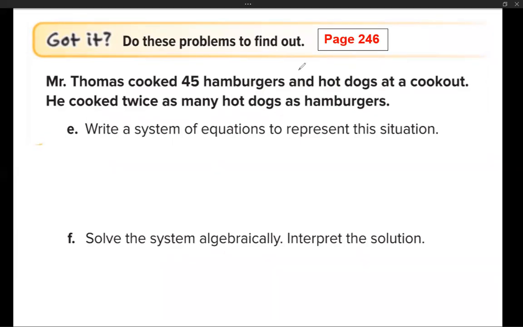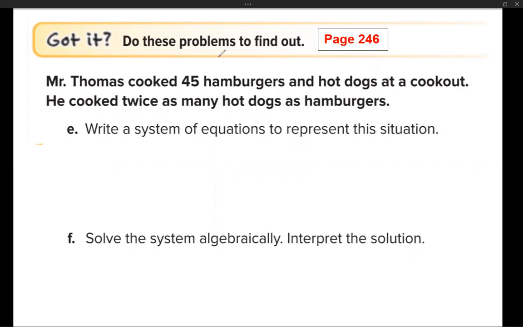So what we need to do is to extract the important information from these words here and then write them as an equation. Okay? We basically need to write two equations, which is called a system of equations, of course. So let's start reading this problem and extracting the most important information.